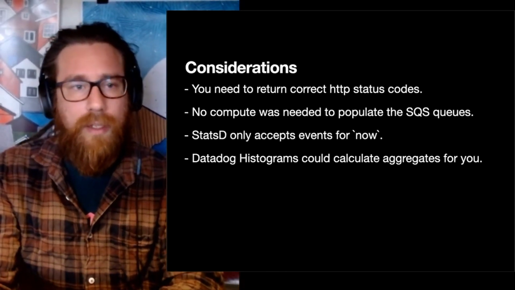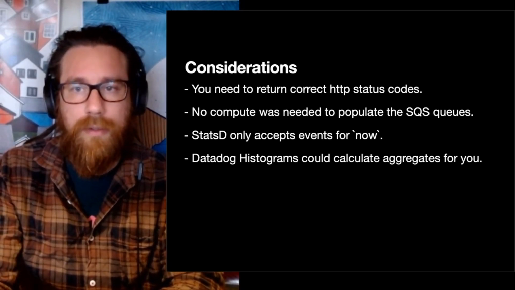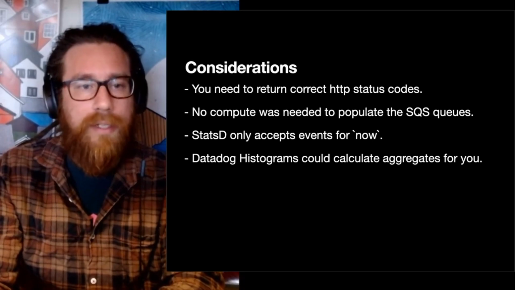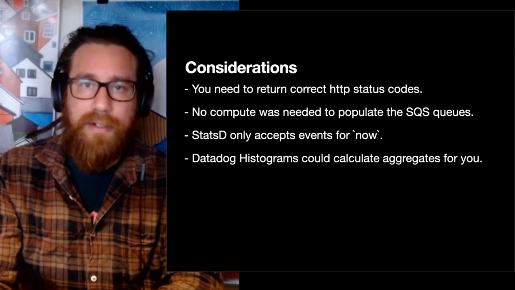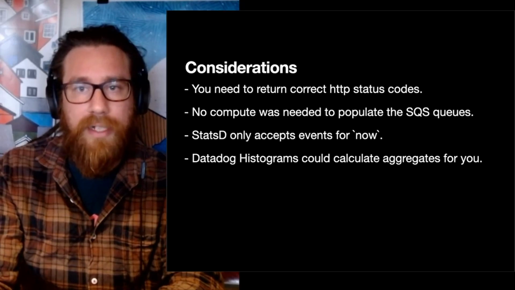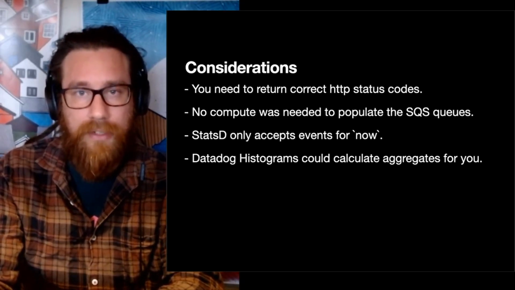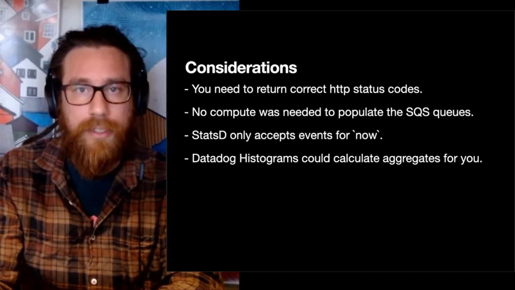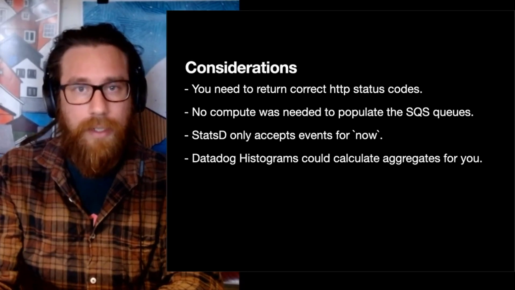If you were to set this up yourself, there's a few considerations that you might want to think about. One is that you're relying a lot on HTTP status codes, and they should be accurate. If a malformed request can cause your application to explode because it can't handle that and return a 500 instead of the proper 400, then that's going to distort your view of your error rate.